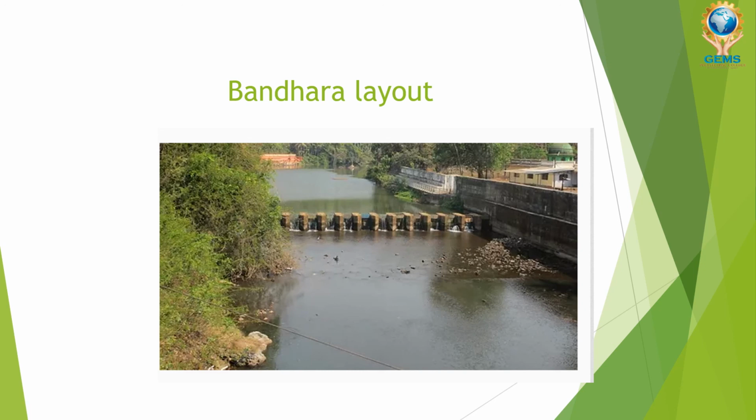You can see these covering sluices at this point, which I have marked with red dots. These are the covering sluices through which the water passes, and there will be no silt from that position, and the free flow of water will be there.